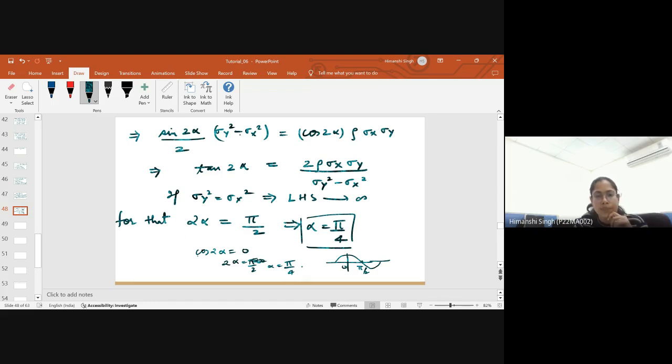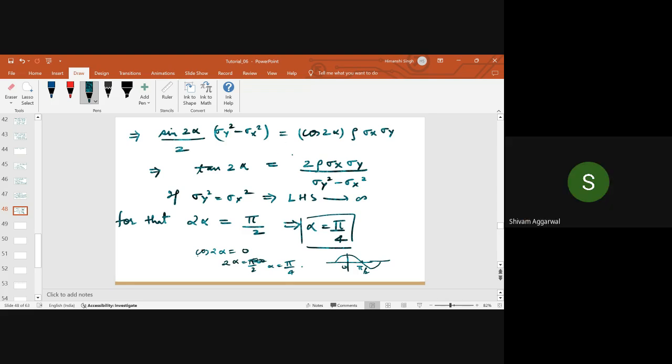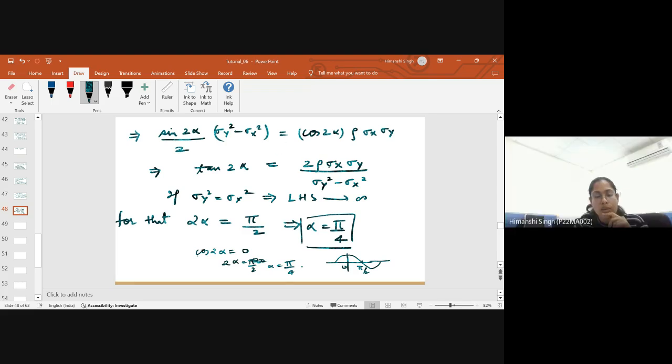It will not form a 0 by 0 form, because rho is not going to 0 and sigma y and sigma x are not equal to 0. So it is basically going to infinity only. We are just assuring that this is not a 0 by 0 form. So if you have alpha to be 0.